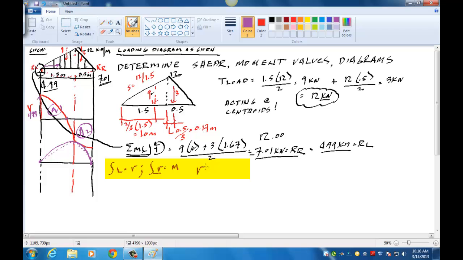The shear equation is going to look like 4.99, plus because it's up, minus the area over here, down as we travel from left to right, and that is going to look something like this. We know the slope of this line up here is rise over run, 12 over 1.5, so that looks like 8.